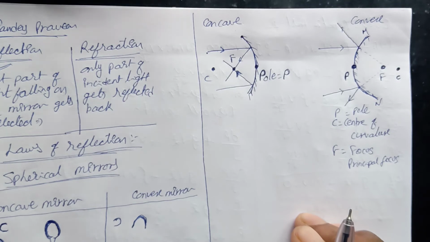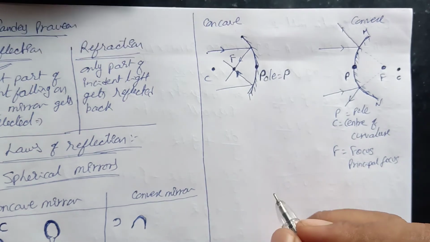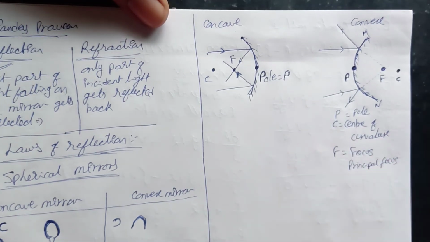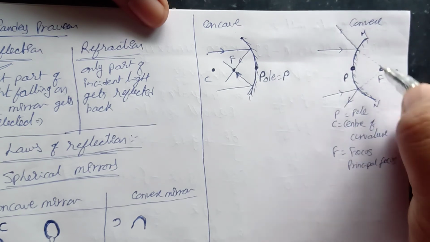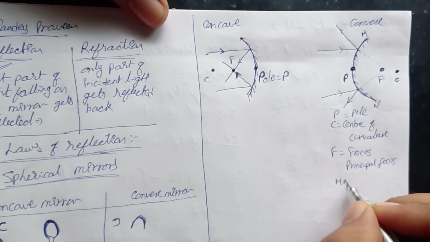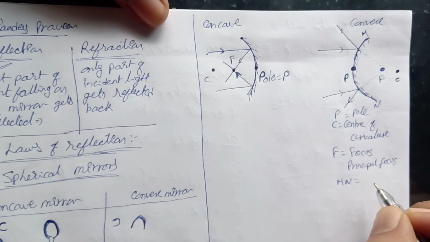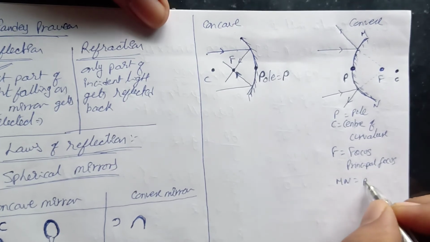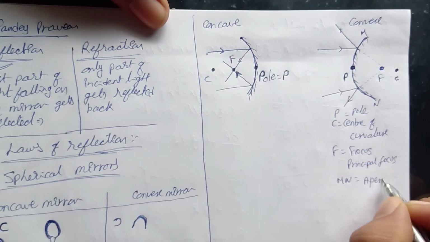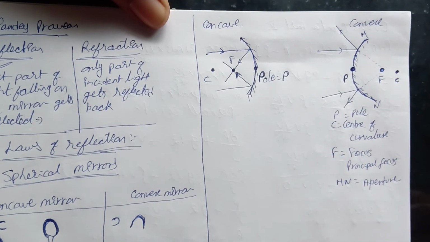When the aperture is small, we consider this M and N. Here M and N is called the aperture.